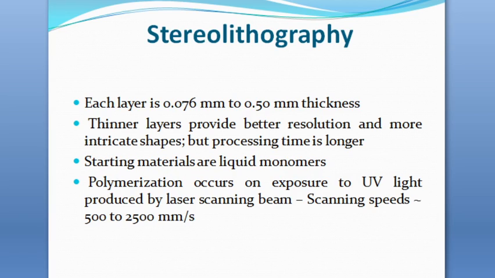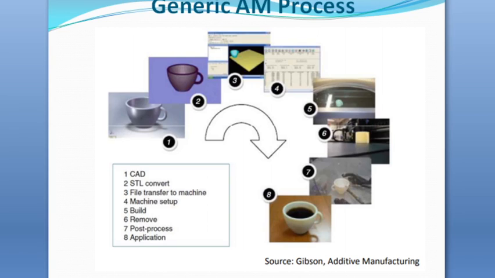Starting materials of liquid monomers are used in SLA. Polymerization occurs on exposure to UV light produced by the laser scanning beam. The scanning speed is from 500 to 2500 mm per second. It is a general process used in additive manufacturing.